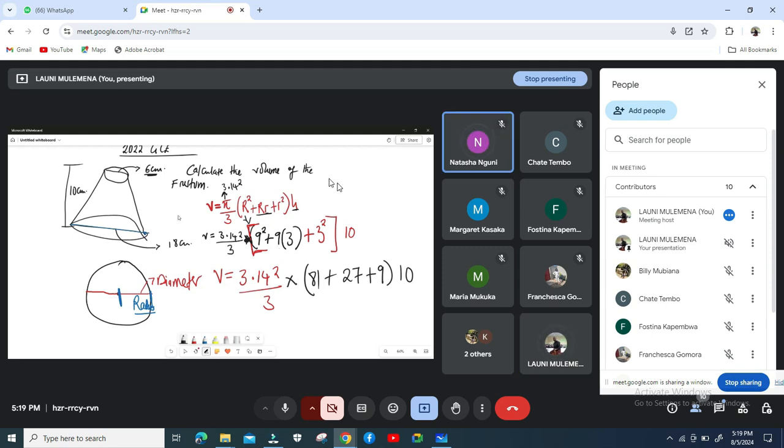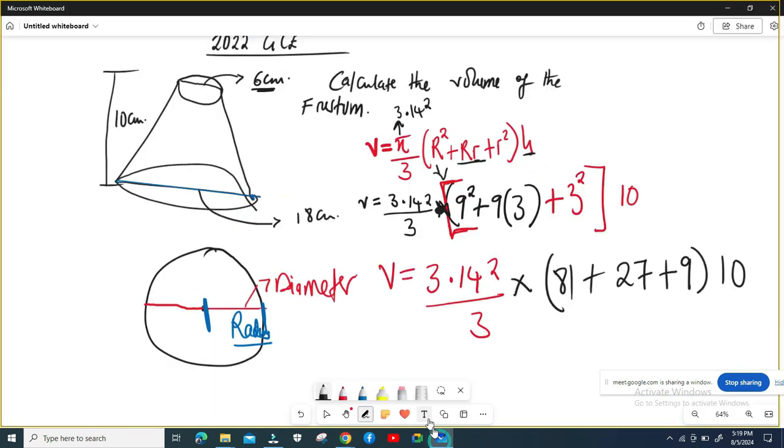Let me just try and emphasize. Madam Faustina, this is our formula for the volume of the frustum of a cone, where capital R stands for the radius of the big circle, and small r is the radius of the smaller circle. In the diagram, this circle here is the bigger circle, and the length from here up to here is 18.